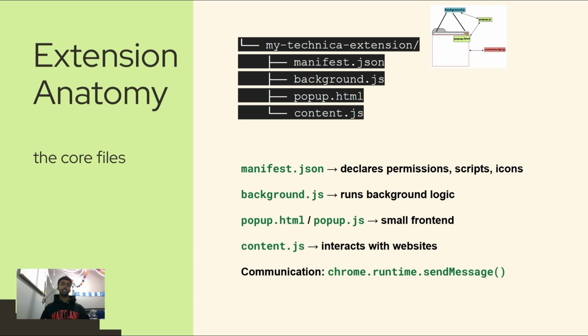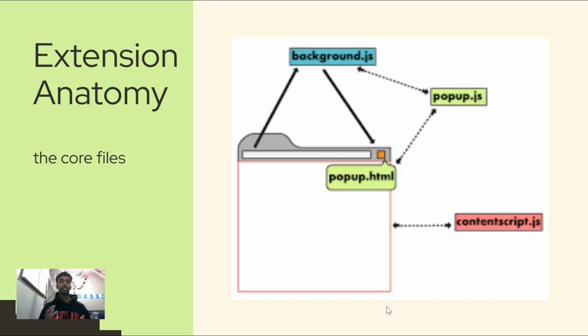And we have content.js, and this is JavaScript that will inject into websites that the user is currently on, things like that. And communication between all of this is defined by Chrome's message passing architecture. So this is one of the core and most important Chrome APIs, where we have chrome.runtime.sendMessage to communicate between all of these files.